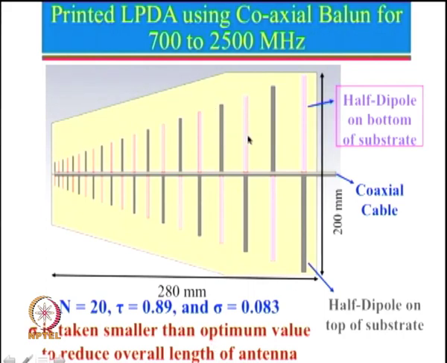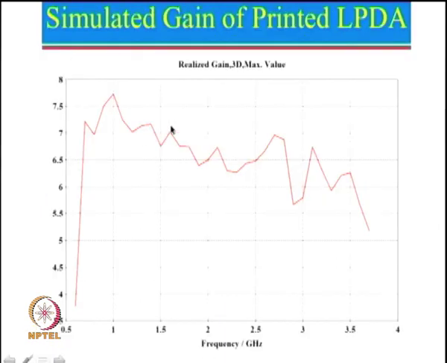Since the spacing has not been maintained properly by choosing this value, you can see that there is a large variation in the gain. Since our requirement was of the order of this, it did meet the requirement.